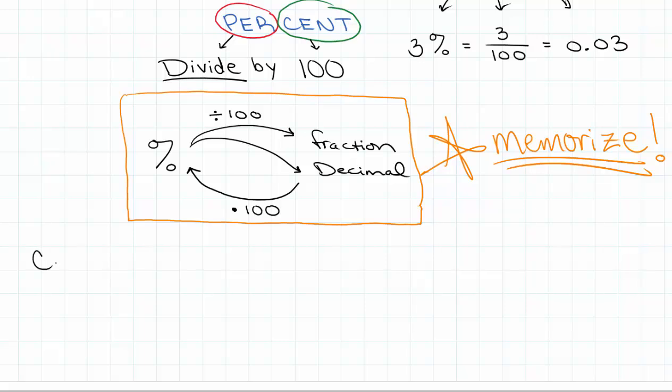Let's convert here. Convert a decimal to a percent.